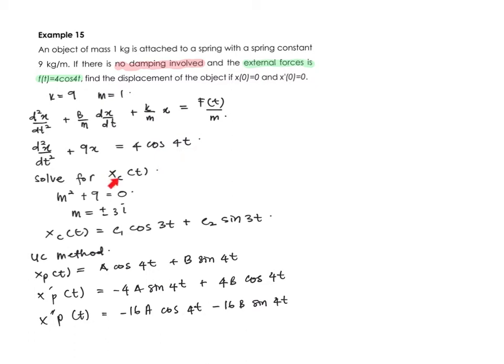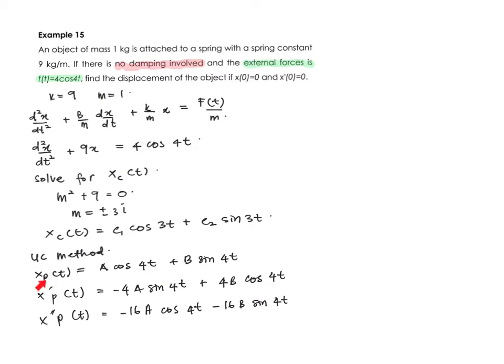So solve for x_c(t). We have m² + 9, considering this side only. So m equals ±3i. So x_c(t) equals c1 cos 3t + c2 sin 3t.